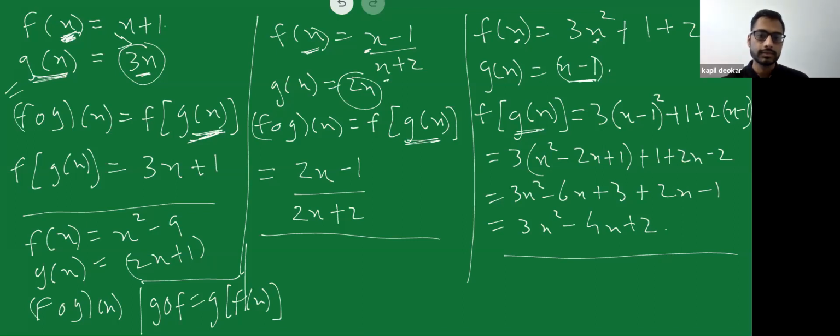Okay, answer is 4x squared plus 4x minus 8. Let me see. Okay, I'll have to solve.